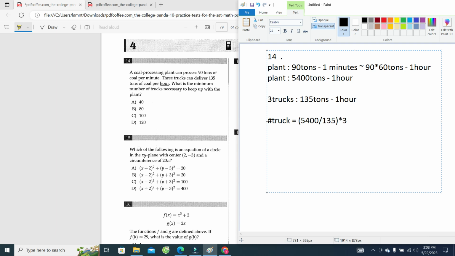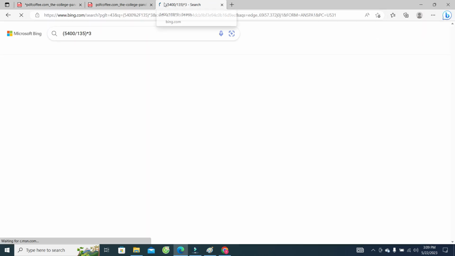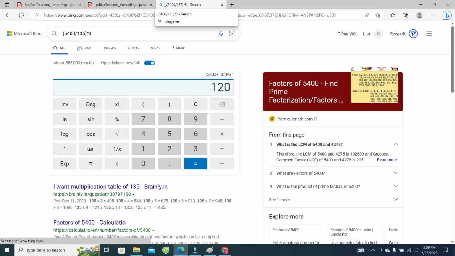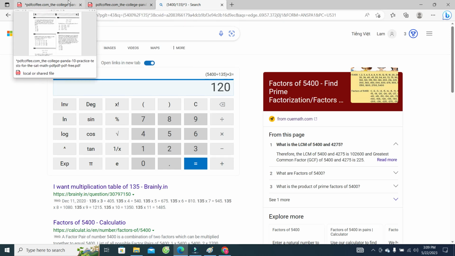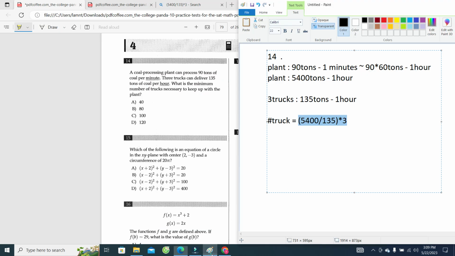You can see because we have the 3 trucks to deliver 135 tons per hour. So this is the number of trucks, and maybe we're gonna have to round it up. So let's calculate it. That's gonna give us 120. So the answer should be D.